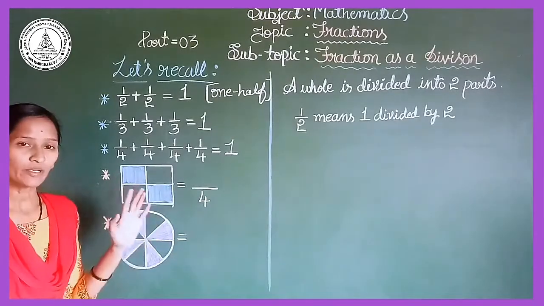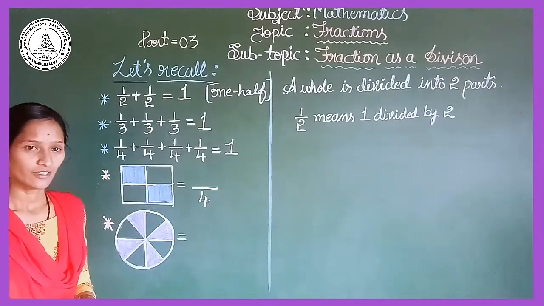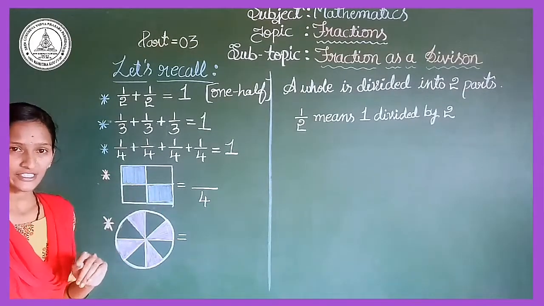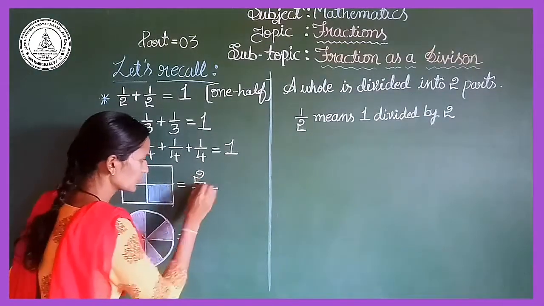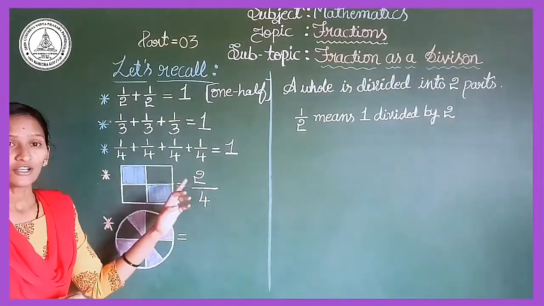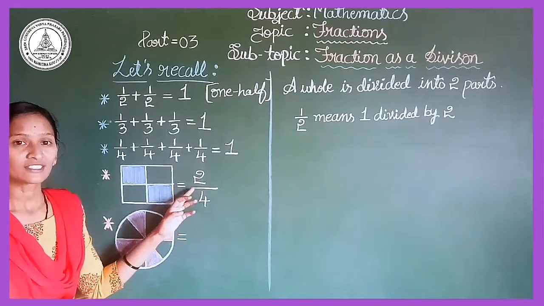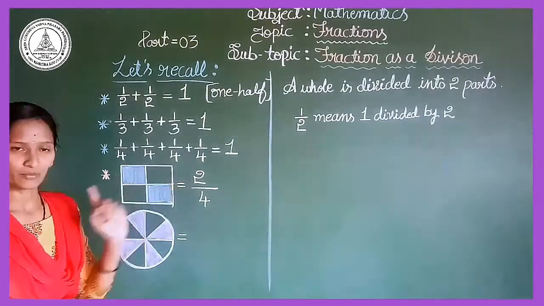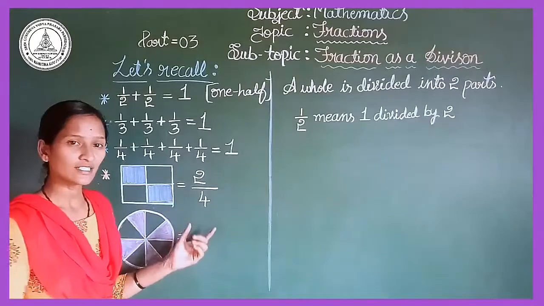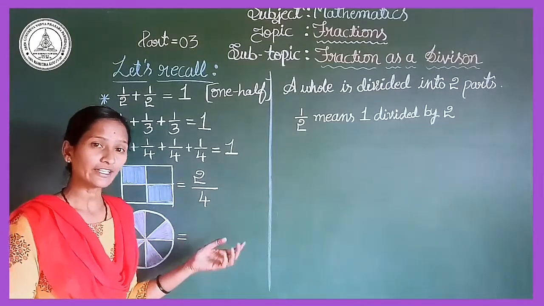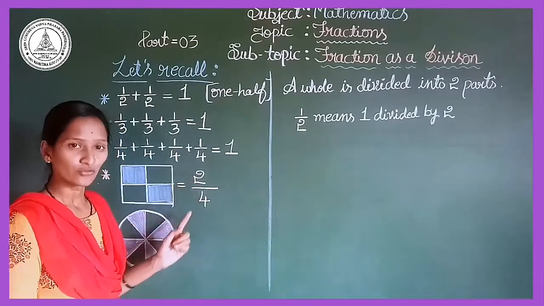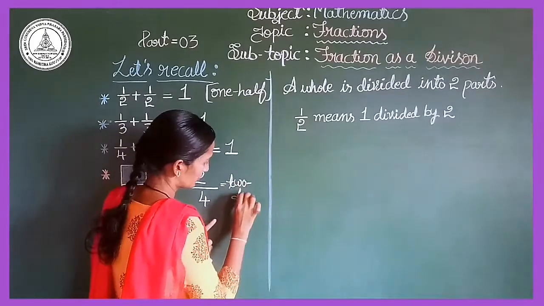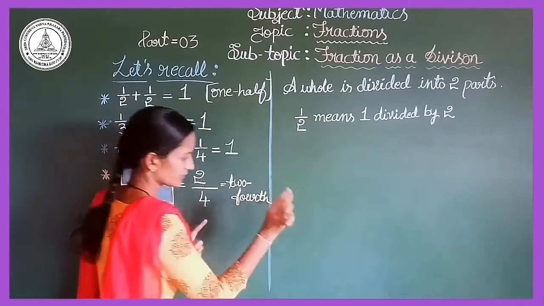In this rectangle, how many parts are shaded? 1, 2. Only 2 parts are shaded here. So write down 2 here. This is called the numerator. Numerator means the shaded parts. Here we shade only 2. That is the numerator. So how can you read this? 2/4. How can you write it in words? Two fourths.